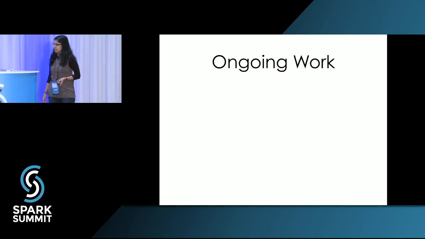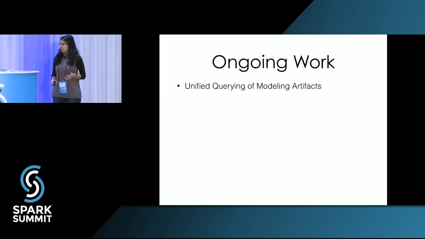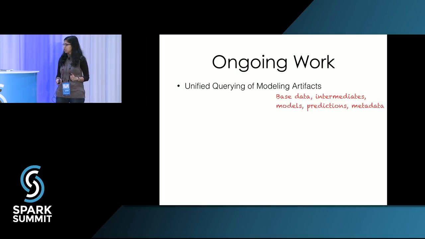All right, let me touch briefly upon ongoing work. As of now, ModelDB is really focused on gathering information about pipelines that you're building, metadata about the operations that you do, and so on. But it turns out that there are a variety of modeling artifacts that are produced. There's base data, there's intermediates.